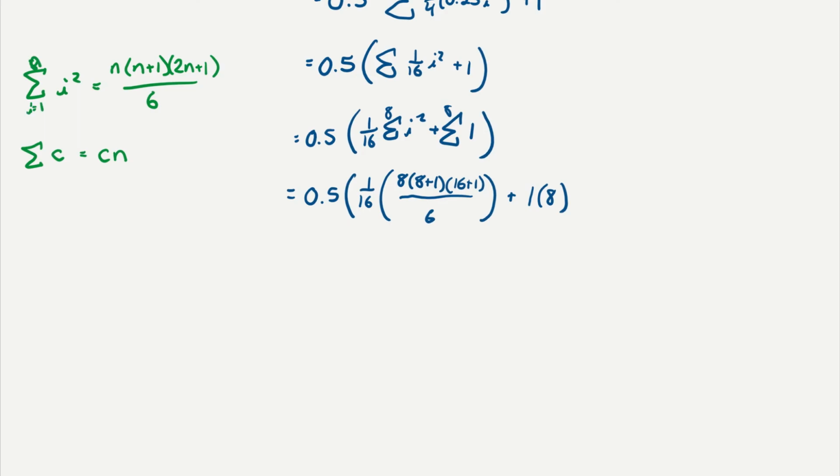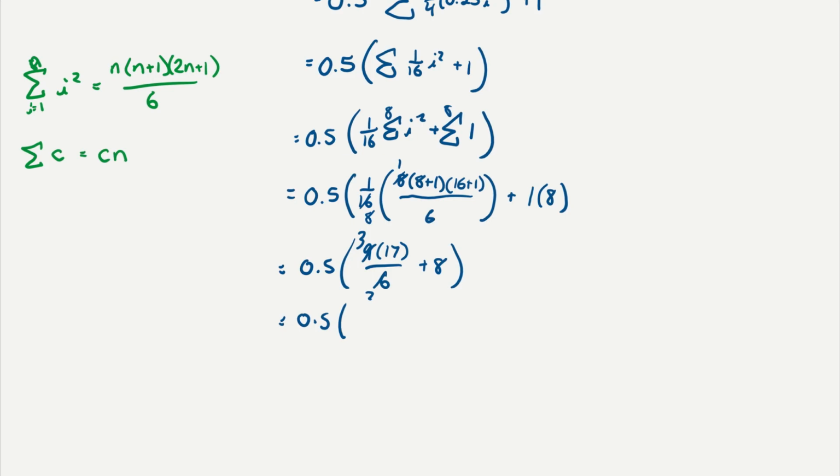Okay, so we have that. Now we're back to some algebra to try and simplify this. 0.5 times, let's see, we got this canceling and reducing down. So I'm just left with 9 times 17 over 6 plus 8. And we got 0.5 times, that goes to a 3 and a 2.